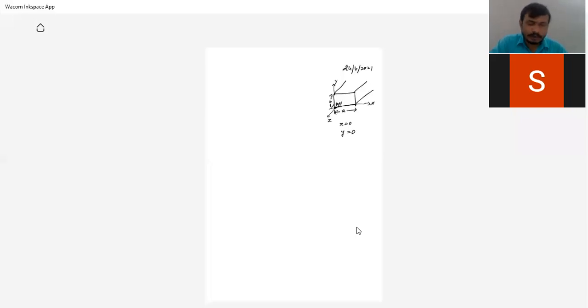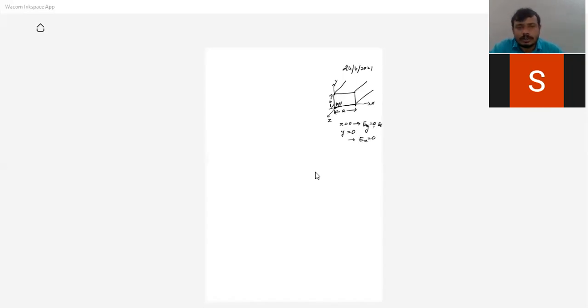In the y-axis, we don't have the ez component and the ex component. In the y-axis, suppose we take x equal to 0, then ex is 0 and ez is also 0. At y equal to 0, this is ey, and we have ex equal to 0.